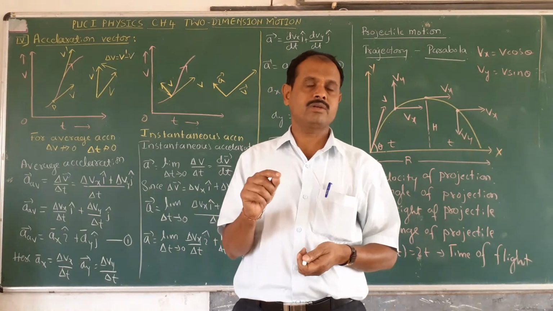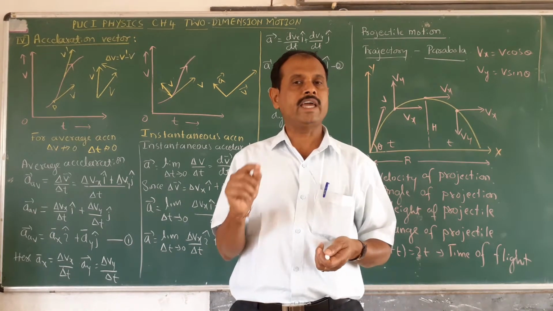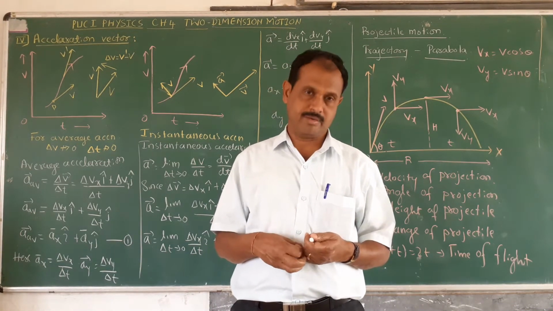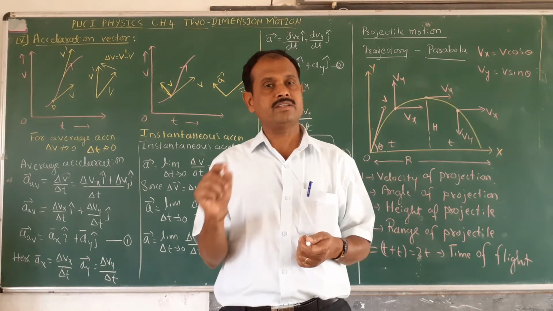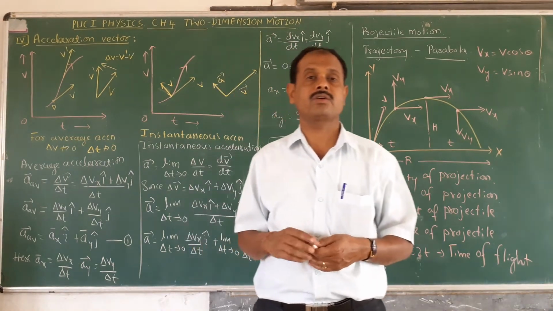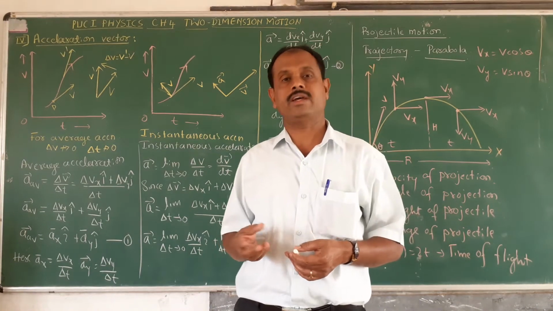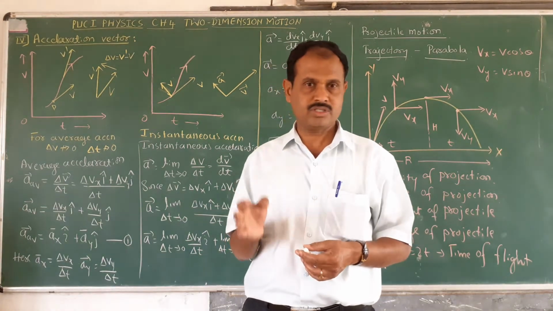Vector r is equal to x i cap plus y j cap, where i cap and j cap are the unit vectors along the x and y axes. This is the position vector first.